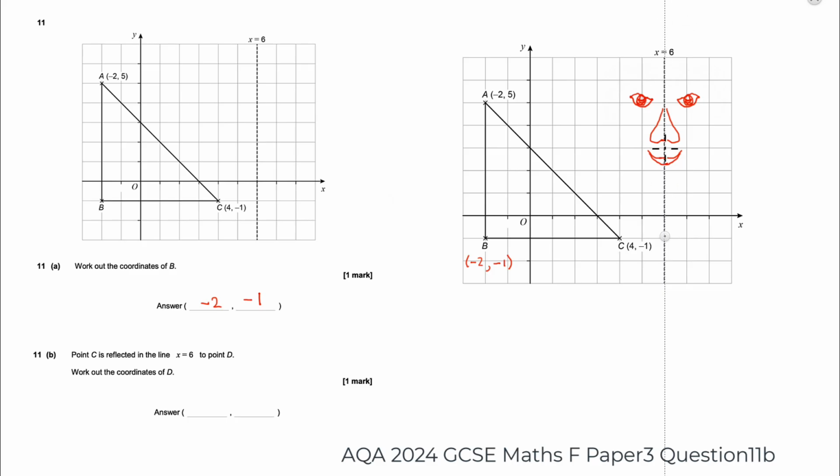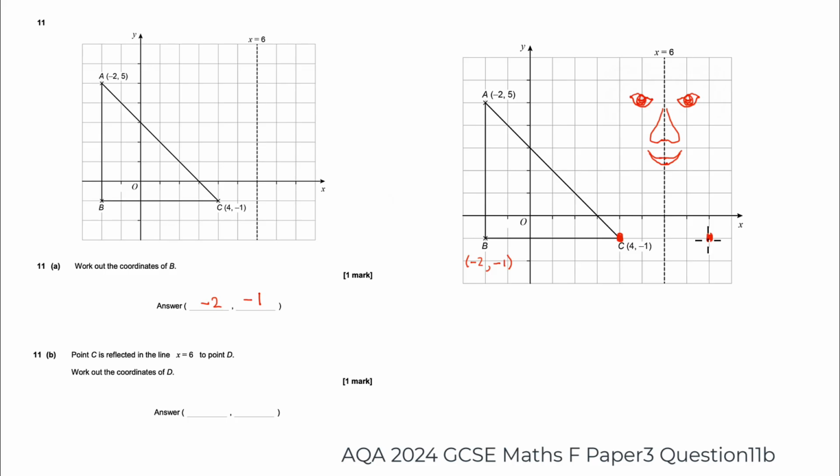So this is an active mirror line now. So let me take point C, and looking into that mirror, it's the same distance at right angles to the mirror out the other side. So there is the mirror image of the point C reflected in the line x equals 6.